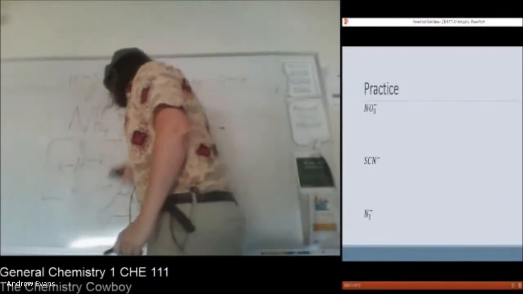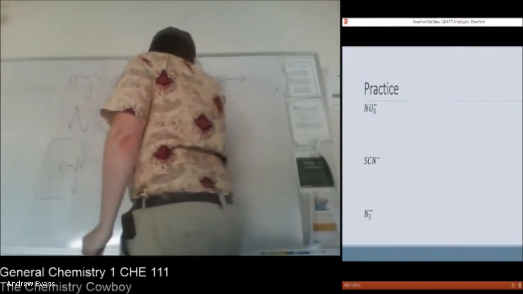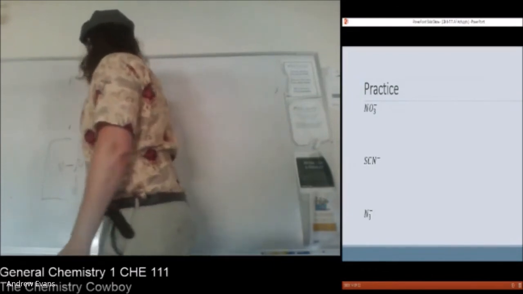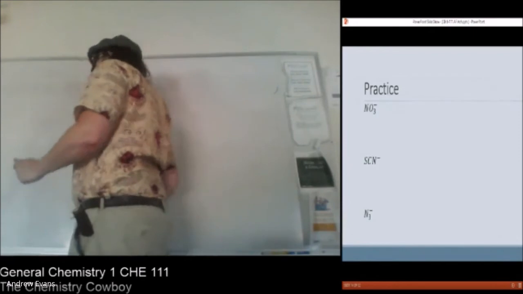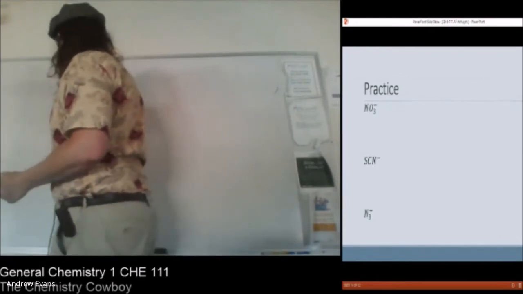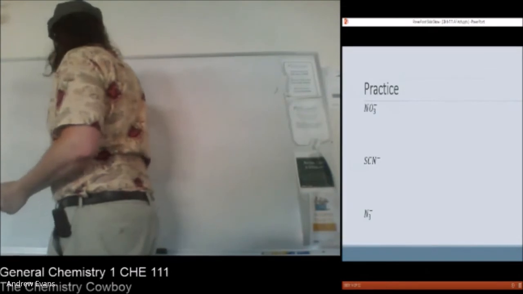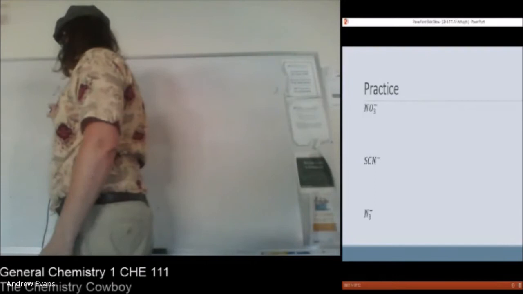So, step one. Step one is still true. Count the number of electrons we have. We have to consider the charge. So for NO3 1-, N has 5.